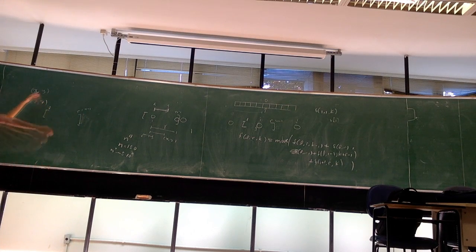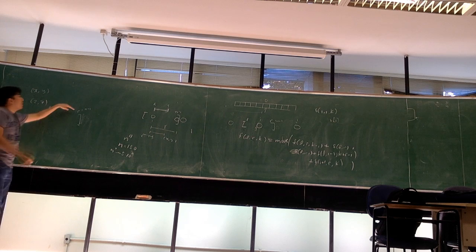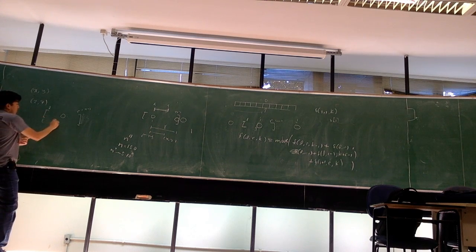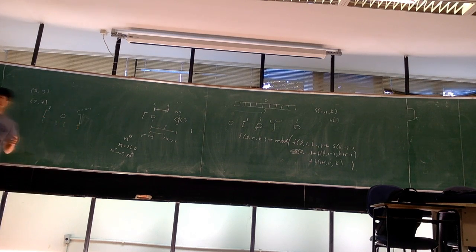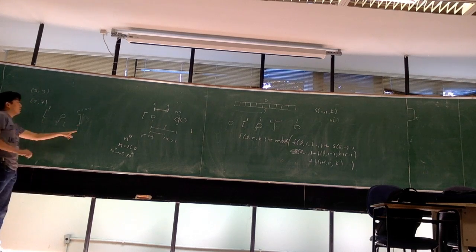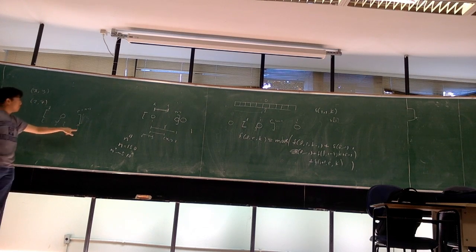This is true for the initial array, where R is n minus 1. Now what I'm going to do is pick one element here in the middle and recursively calculate the best for these two parts. The first part satisfies this invariant, because the next element would be the one we just picked. And for this one, R is the rightmost element of the array, so this also respects the invariant.